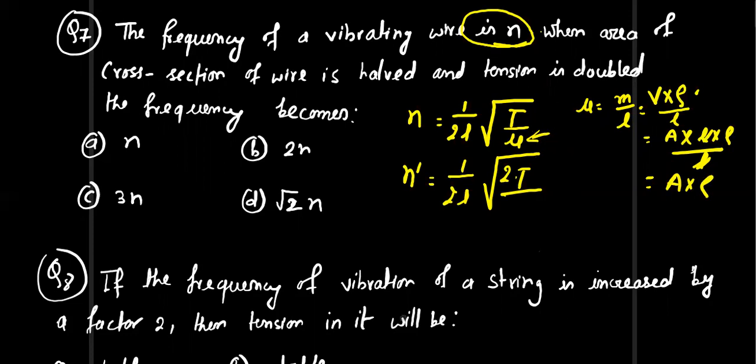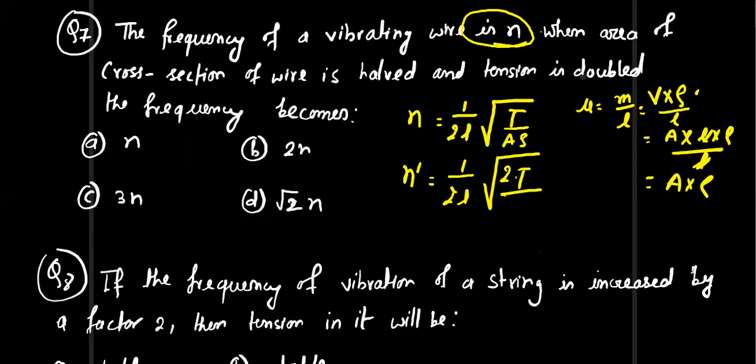So here, in the place of mu, first of all let me draw this mu, and here I can write A times rho.